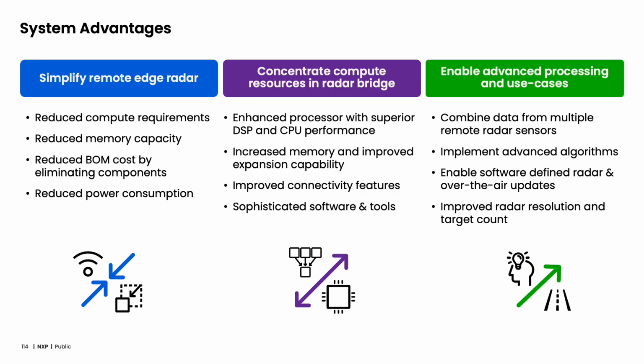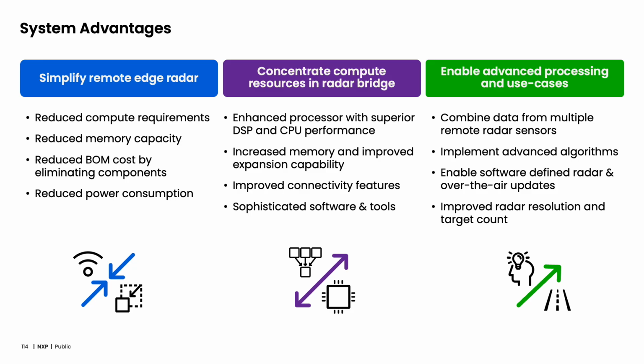So what does this bring you? It enables much more advanced algorithms and use cases. So not only can you deal with data from each radar individually and apply high-resolution direction of arrival techniques, for example, but you can also perform data fusion at the radar bridge level.